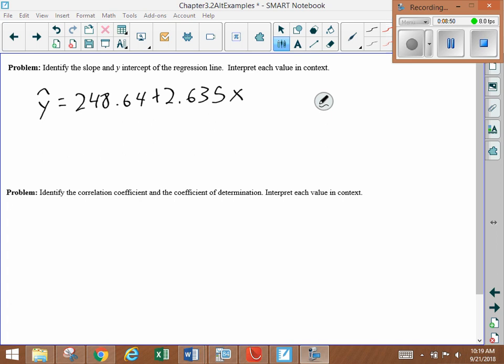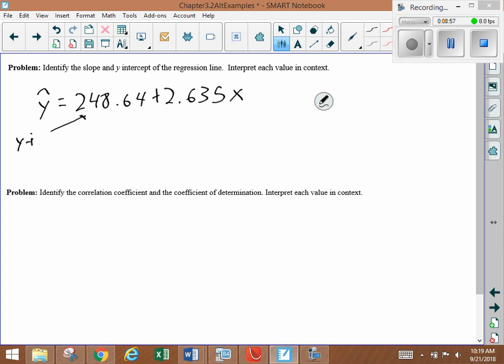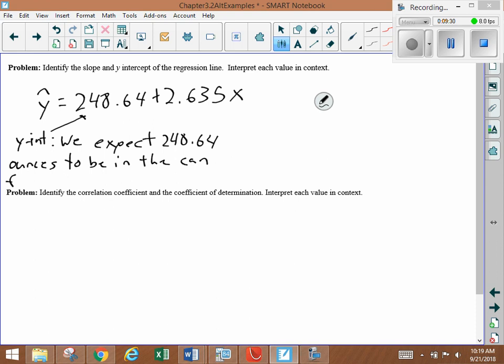So for our y-intercept, we would say we expect 2.4864 ounces to be left in the can for 0 taps. Cool?